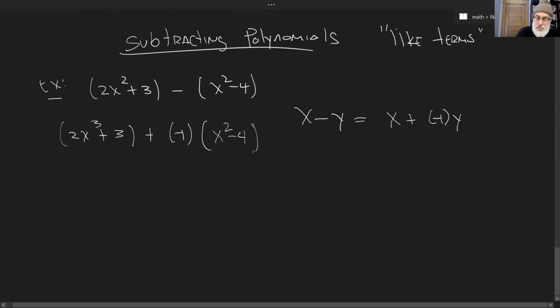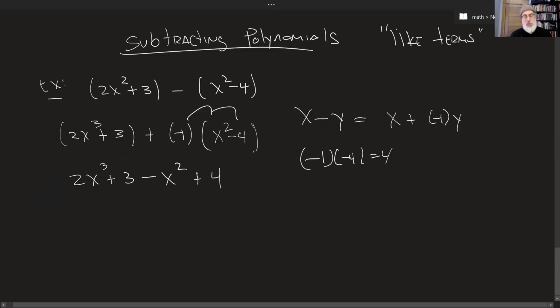Because when you subtract a polynomial, you're essentially subtracting each term, which is why we distribute the -1. So then we get 2x squared plus 3. Now I'm going to multiply -1 and x squared. So that's minus x squared. -1 times -4 is positive 4. So I'm going to add a positive 4.